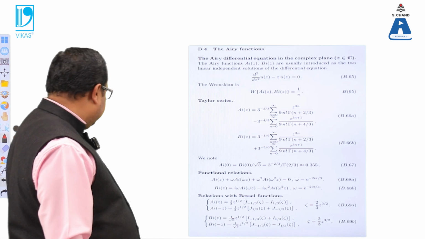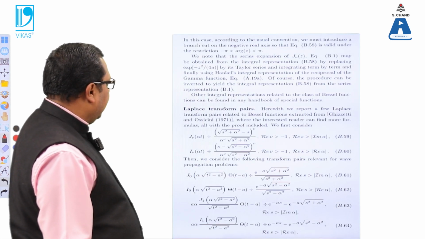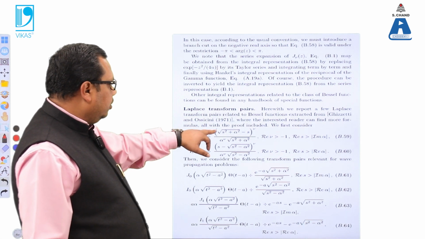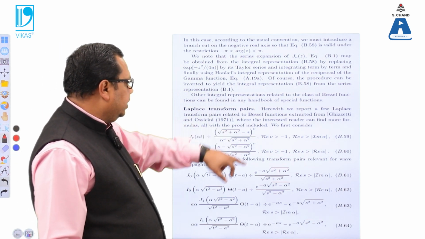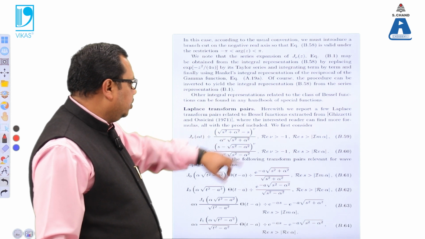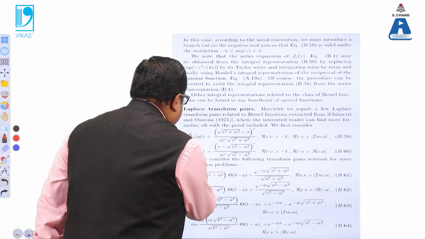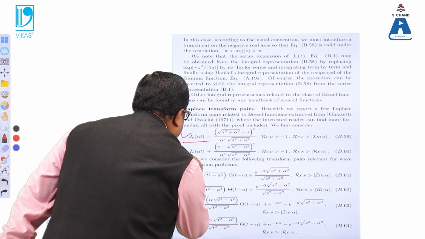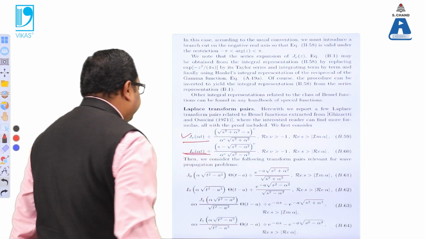So here we can see the particular Laplace transform that we are using in pairs, JV alpha t is equal to under root s square plus alpha square minus s, then s square plus alpha square. In this equation we can see that this is the particular equation that we are using, and we want to get this equation I v alpha t.